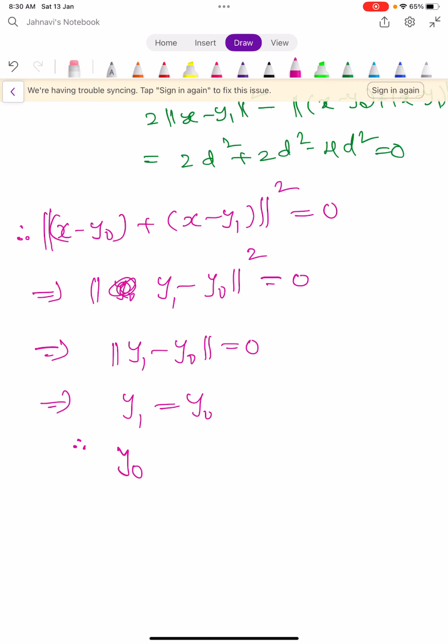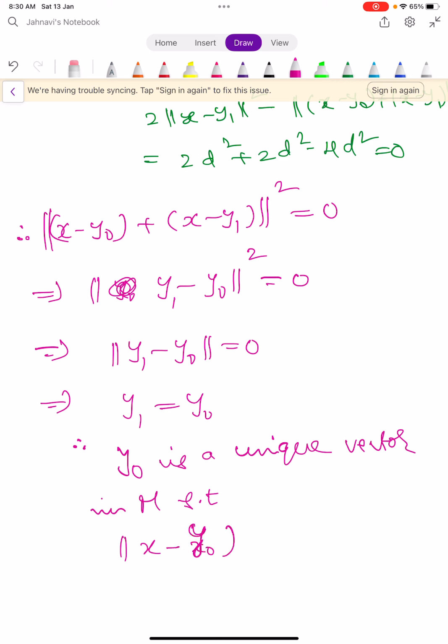Therefore, y0 is a unique vector in capital M satisfying the condition norm x minus y0 is equal to d. That's it. This is the required condition, hence proved.